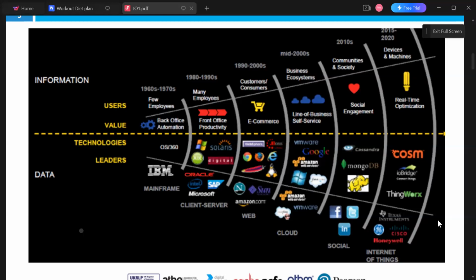So we have all these software applications built from companies like Oracle, SAP, Microsoft, which now provide client server applications. And in the 90s they've now moved to the web, where it is now possible to have static web pages, where it is possible to now interact over the internet.